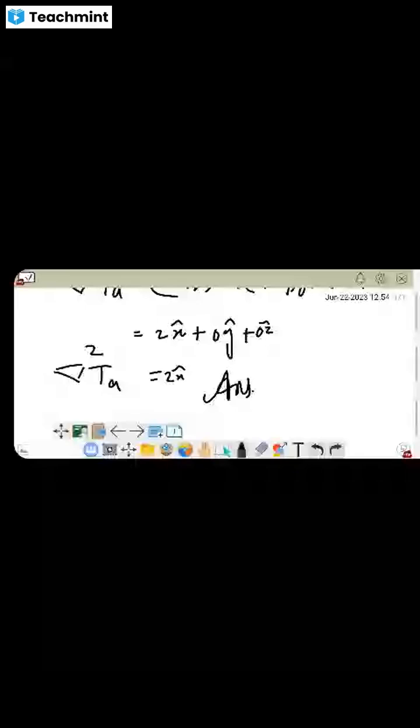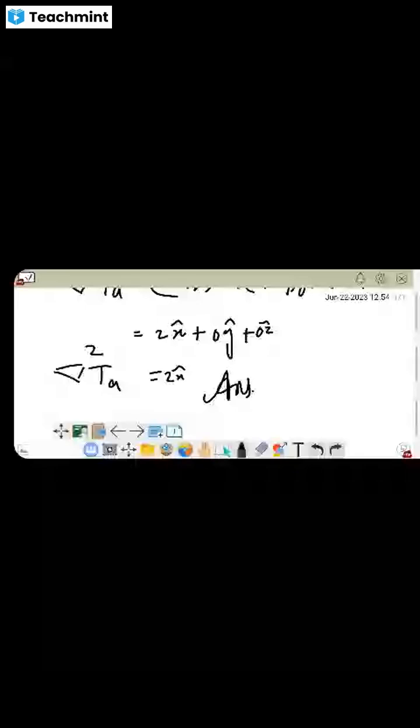On page number 24, see the line integral. A line integral is expressed in the form of a limit from a to b of the vector V dot dl.